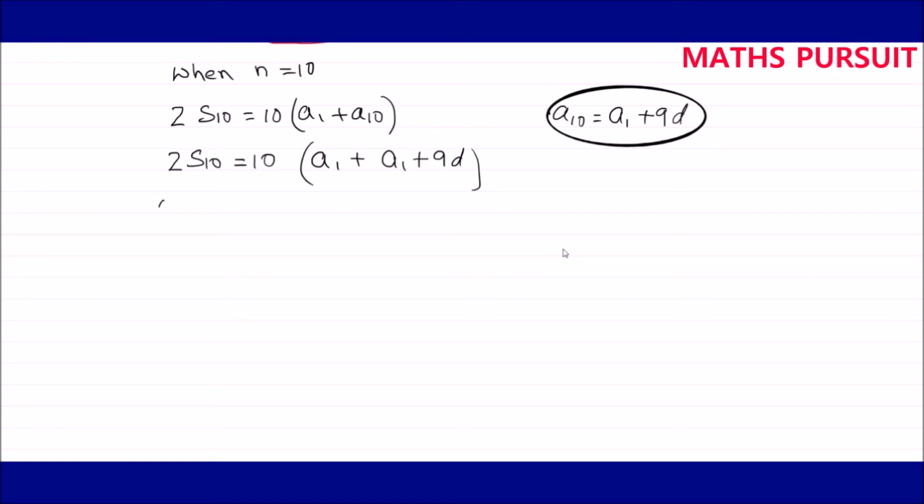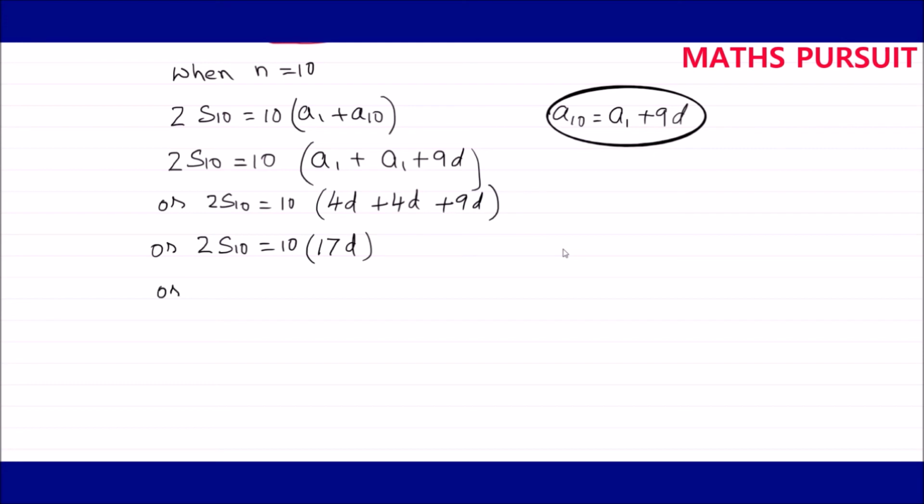Or I can write 2S10 is equal to 10 into A1. We got A1 as 4D. So I will write 4D plus 4D plus 9D. Or I can write 2S10 is equal to 10 into 4 plus 4 is 8, 8 plus 9 is 17. So I am getting 17D.